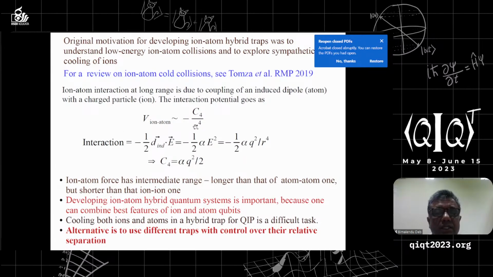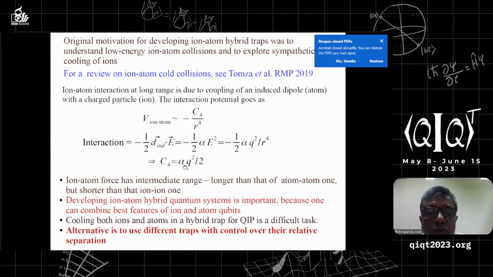One can easily understand the origin of this interaction, because it is basically the average interaction between the induced dipole moment and the electric field generated by the ion at the position of the atom. Since the induced dipole moment is proportional to the polarizability, alpha E, you get alpha E squared, but E goes as 1 by R squared, so you get a 1 by R to the power 4 potential.